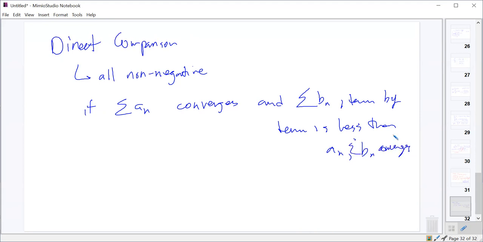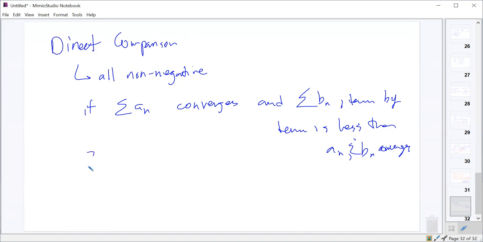And vice versa. If we have all non-negative terms and a divergent series that we know of, and the series we're looking at term by term is larger than our series that we know is divergent, then ours must also diverge. So that's the direct comparison test.